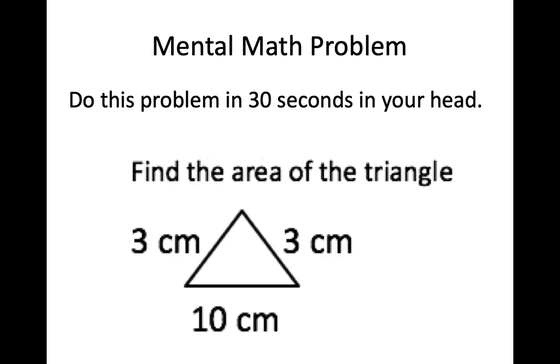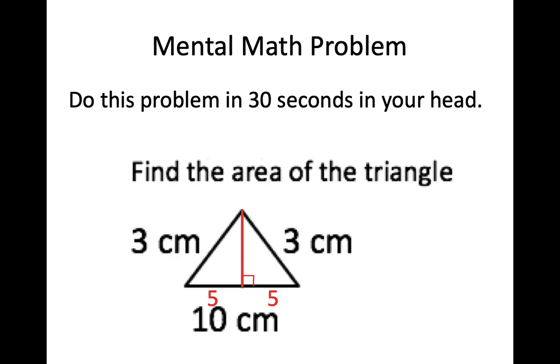Alright, so to solve this, I draw the altitude, and because it is an isosceles triangle, this altitude breaks up the base into equal sides. So if this is 10, then each of these bases is 5, which, as I've told you before, if there's one triangle I want you to memorize, it's a 3, 4, 5 triangle.